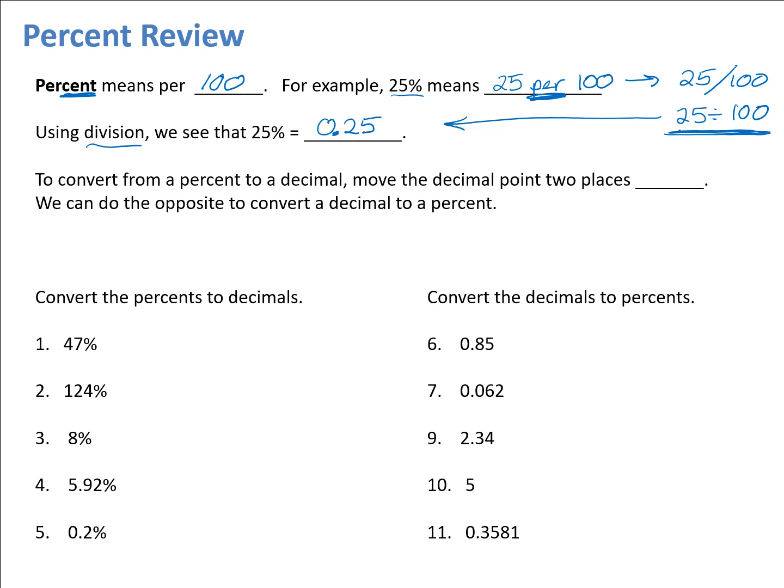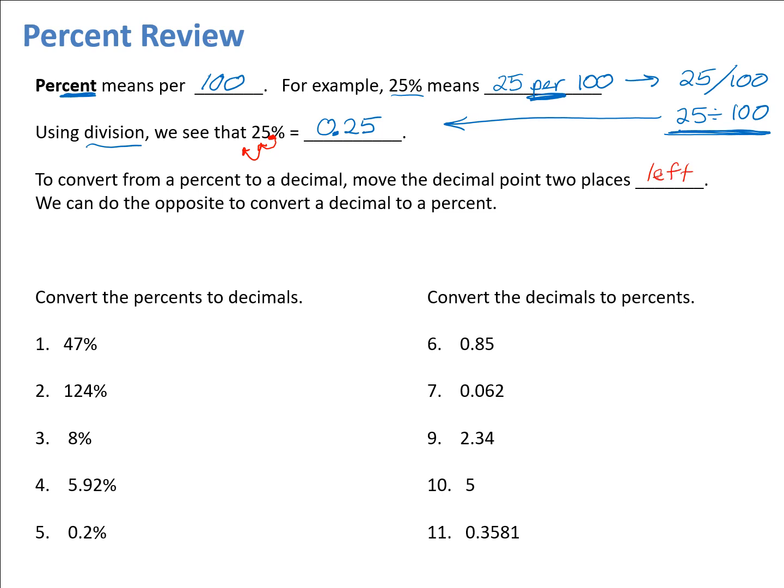Now, in the 25%, anytime you don't see a decimal, which we don't here, the decimal is right after the last digit. So it's right after the 5 at the end of the 25. So really what's happened to go to the decimal version of this answer, we've moved the decimal point 2 places, and specifically 2 places to the left. So to convert a percent to a decimal, we just move the decimal point 2 places left. That's all we have to do.